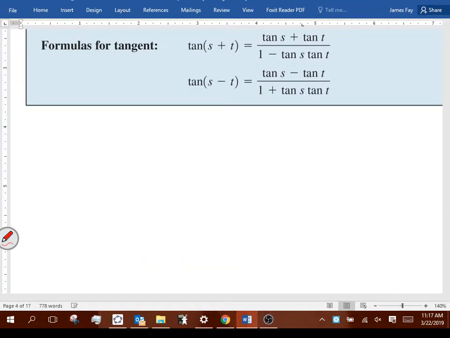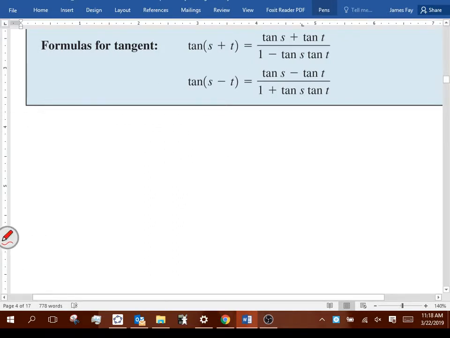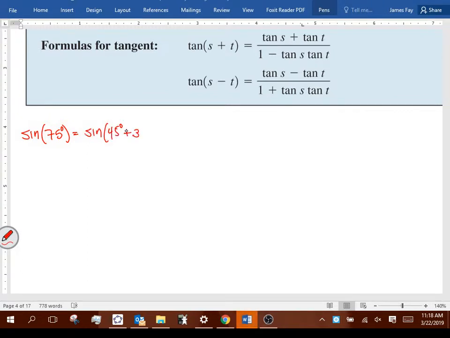Let me give myself a little bit of room here. Sine of 75. What are two angles on the unit circle that you can add together to give you 75 degrees? 45 and 30. So I'm going to rewrite this as sine of 45 degrees plus 30 degrees. So those are my alphas and betas, or S's and T's, whatever letters you want to use.